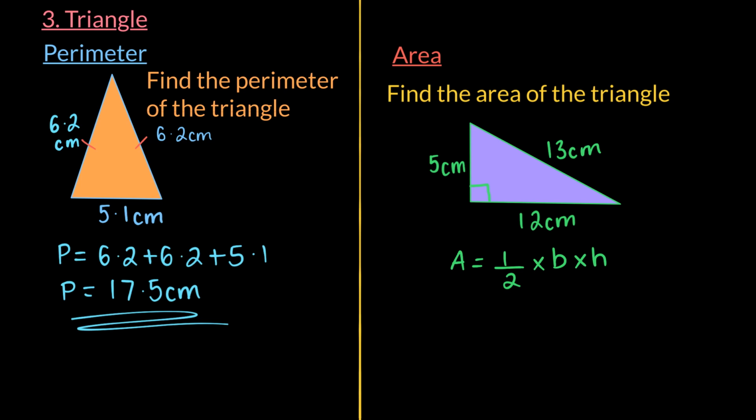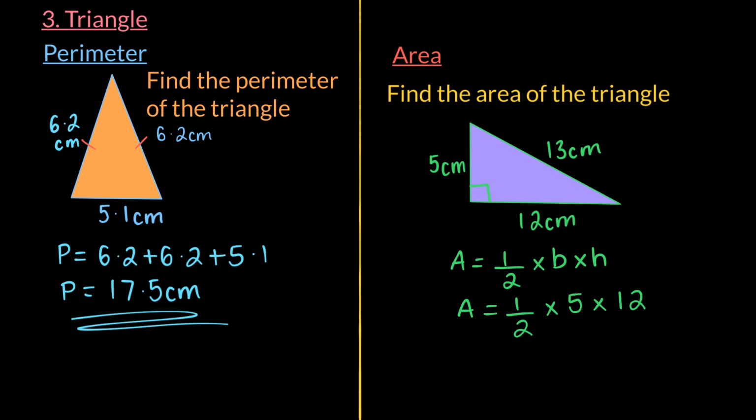So what you have to do is look at the three numbers, think about the numbers that you want for the formula, and then exclude the third one. So we're looking for the base of the triangle, which is down here, and the height of the triangle, which is this here. So the side that we can exclude is the 13, because that's neither the base or the height. So we've written down our formula, and now we'll substitute our numbers in.